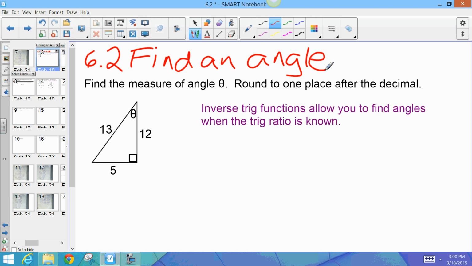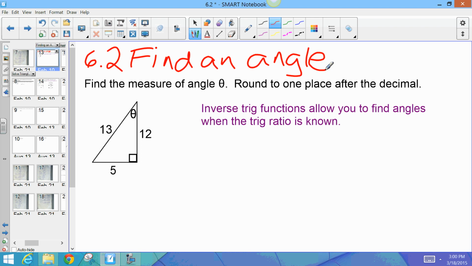Okay, so here we have a triangle that's shown, and all three sides of the triangle are given, but the measure of the angles, with the exception of the right angle, the other two acute angles are not given, okay?